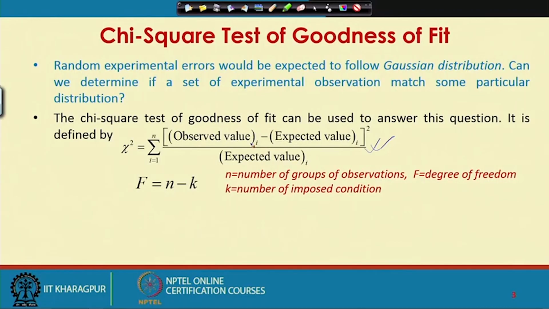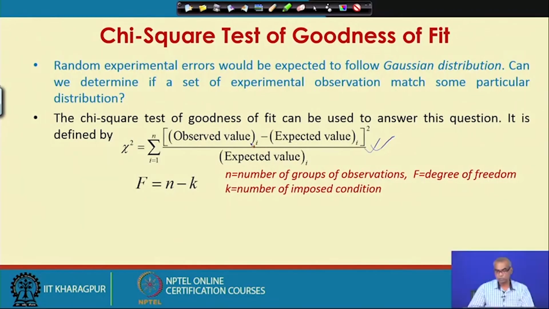Now, you find this quantity: observed value minus expected value, whole square, divided by expected value.